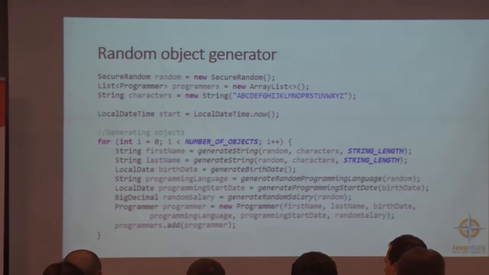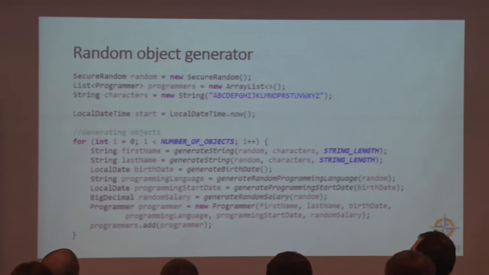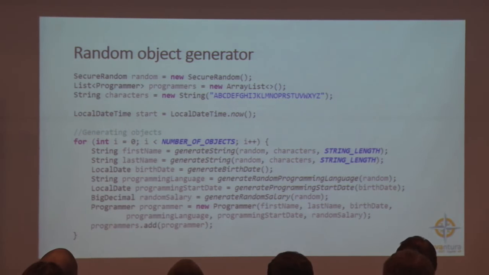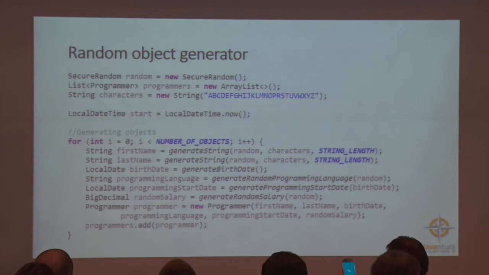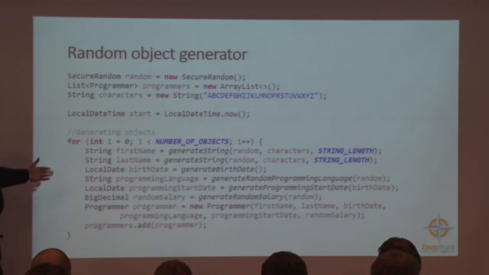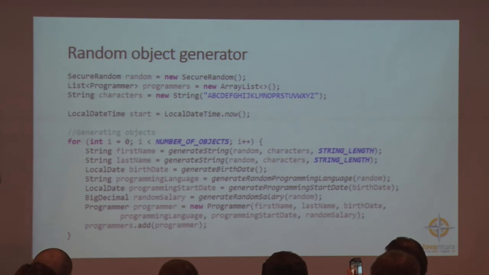Okay, so this is my random object generator. As you can see, I've generated the first name and the last name. It generates something that of course doesn't make sense at all, but it's a good starting point for my benchmarking. And the birth date is something between, I don't know, 1976 and 1995, because we have a younger population that starts programming very early.